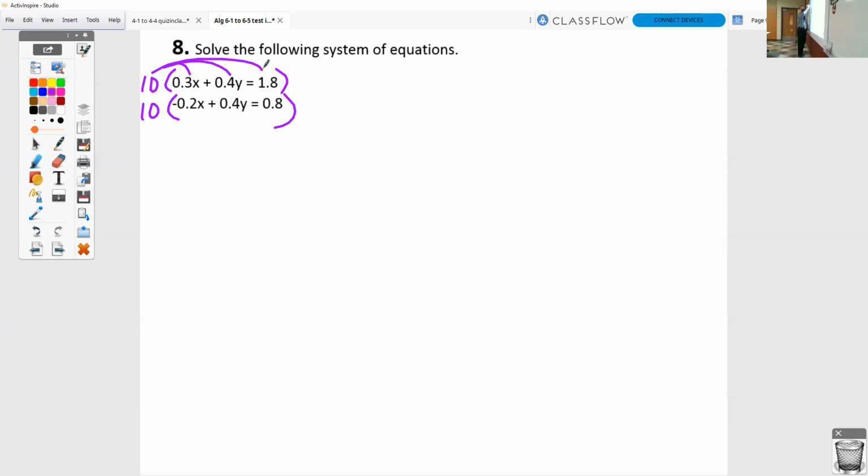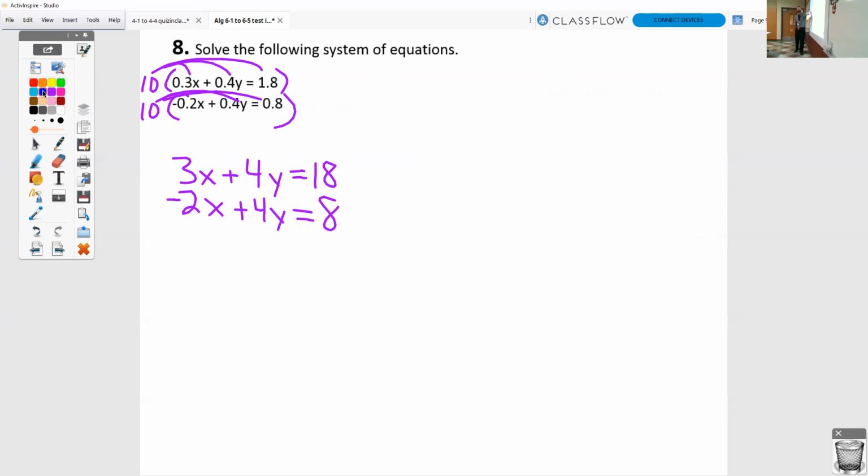Distribute, distribute, distribute. So this is going to change when we distribute into 3x plus 4y equals 18 and negative 2x plus 4y equals 8. That's what it's going to change into when we multiply by tens to get rid of the decimal.